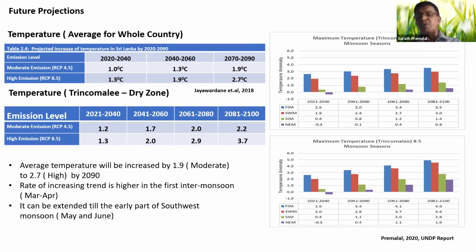But when you go to 2100, it is much higher for the high emission scenario. This much increase for the first winter monsoon can even extend to May, June, and even July. I focused this analysis only on different seasons.